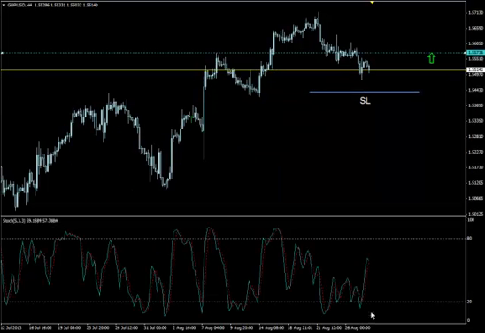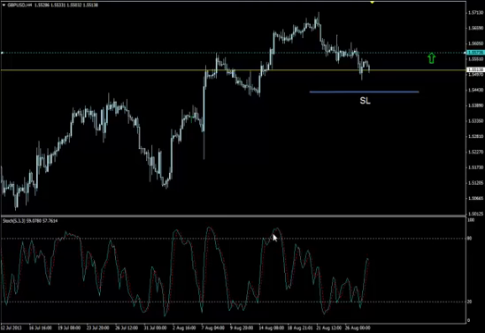And we see the basic rules. We have the stochastics here, an oscillator that gives us very important reversal signals depending on how it behaves above 80 and below 20.